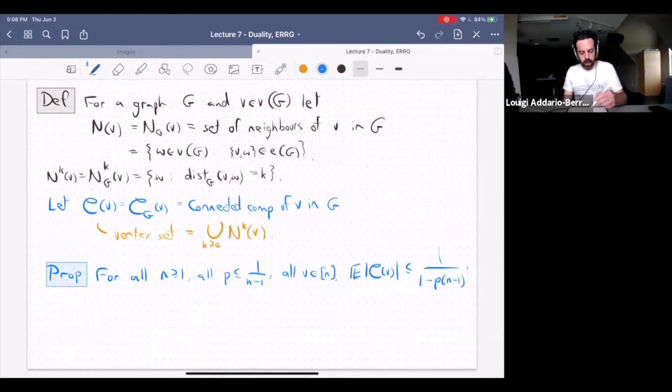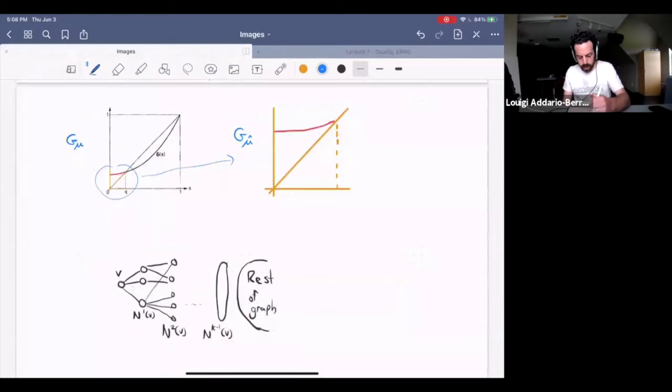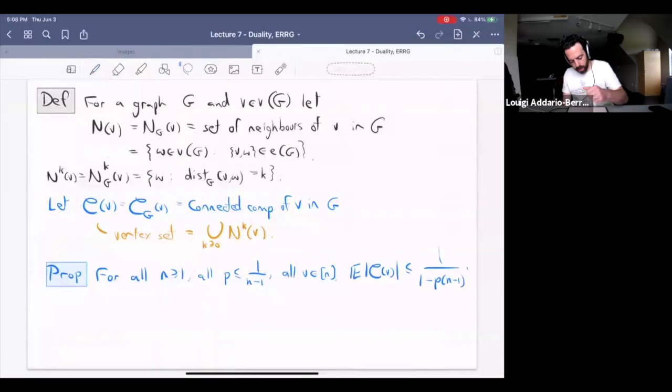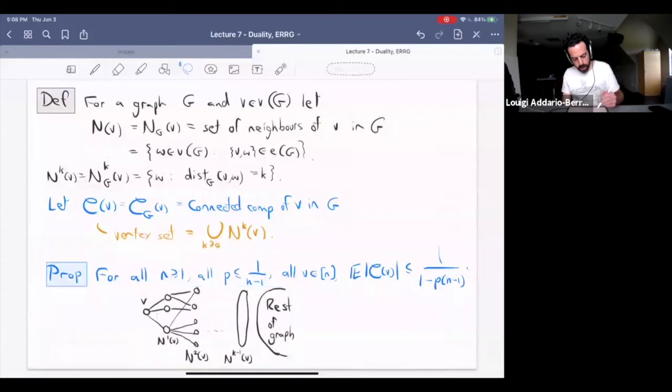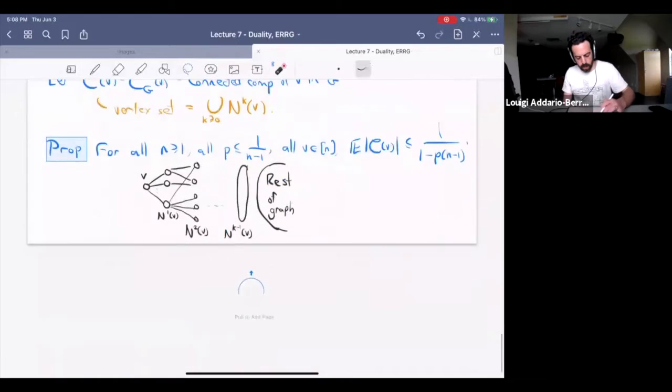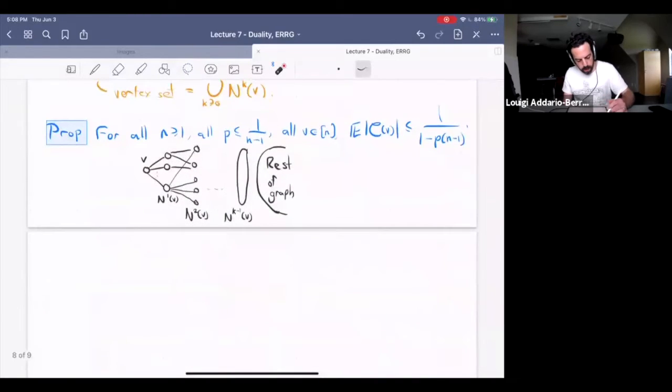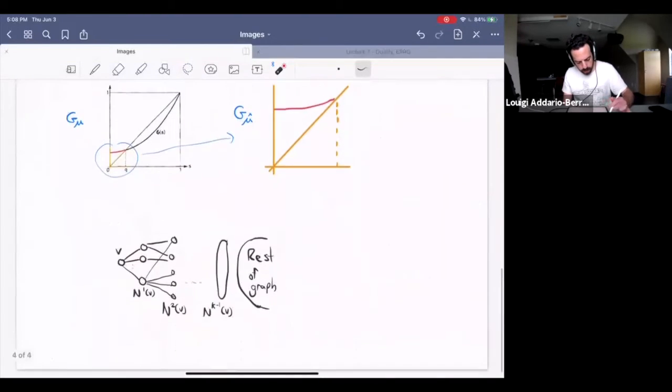The way we'll prove this is by thinking about exploring the graph in stages, one layer at a time, starting from the vertex, exploring its neighborhood, then its second neighborhood, and so on.